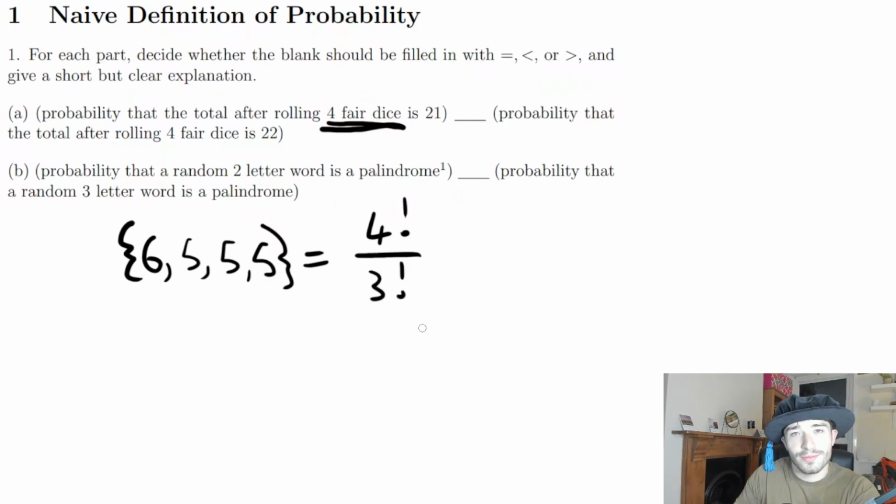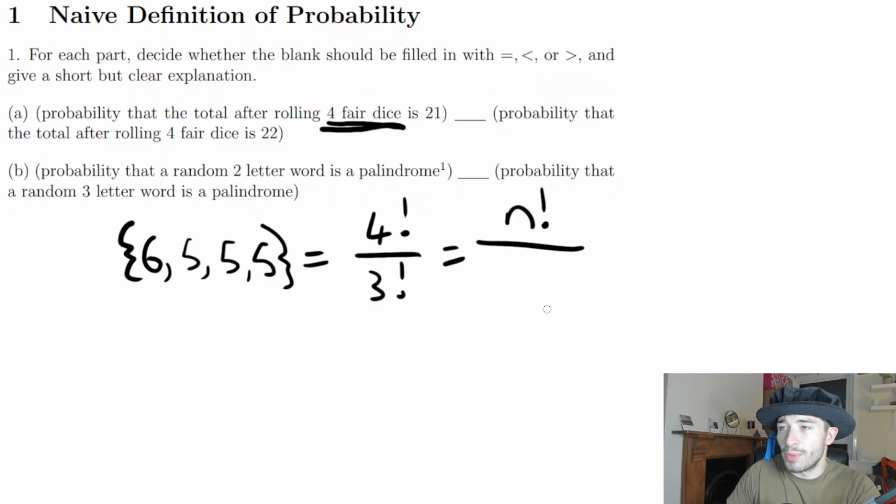Okay. Now, the general formula for this is if I have n elements in a set, then it's n factorial divided by the factorial of the number of repeat elements, so in this case, r factorial.